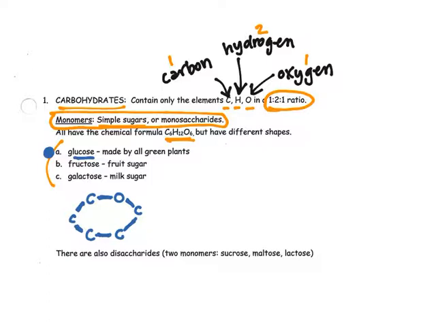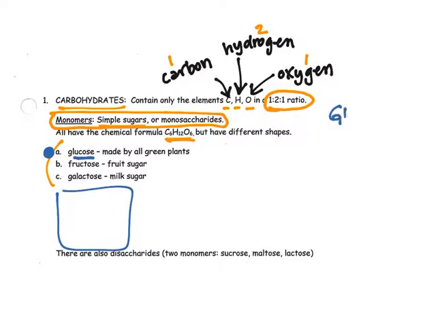So on the top of the carbon right here, we have CH2OH. This is getting a little cramped. Let me draw glucose over here, and you can draw it in your notes right here. So glucose.